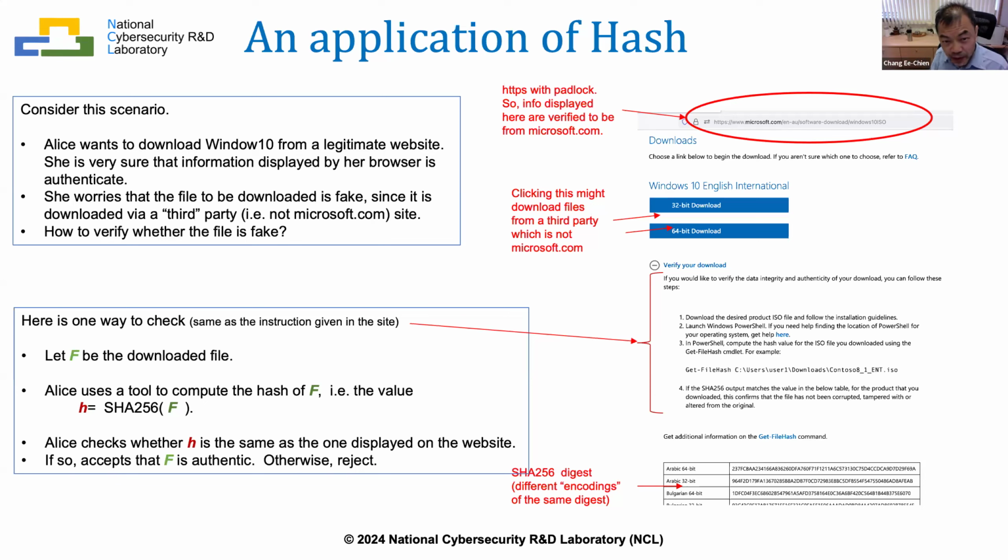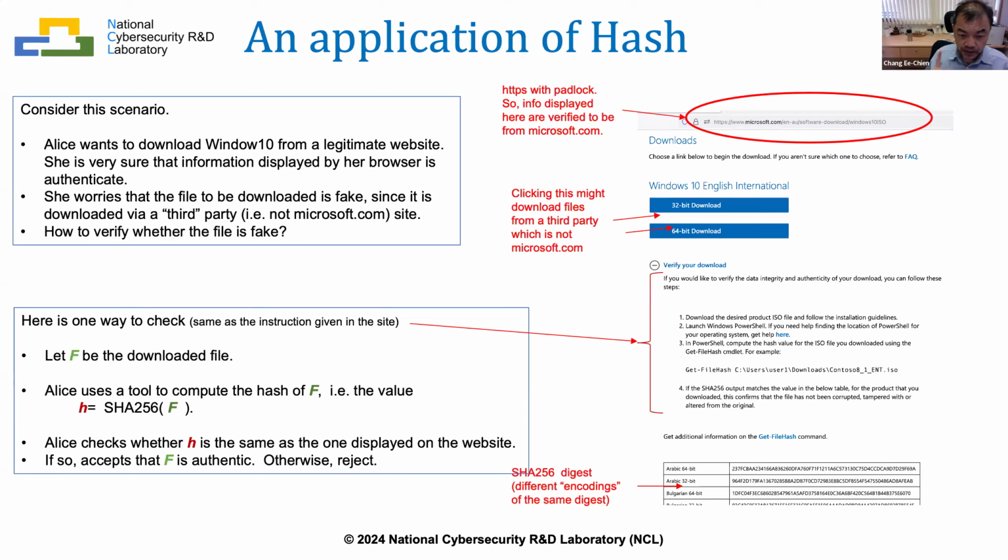So this website of Microsoft actually gives us instructions how to check that, and essentially it is what I described on the left-hand side. So this is a way to check. Suppose F is a downloaded file, or maybe obtained from some USB or some CD. This is some file that we have obtained.